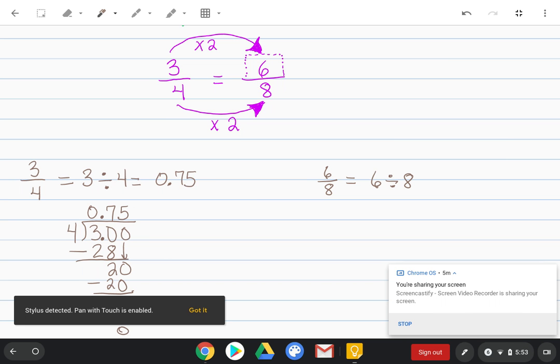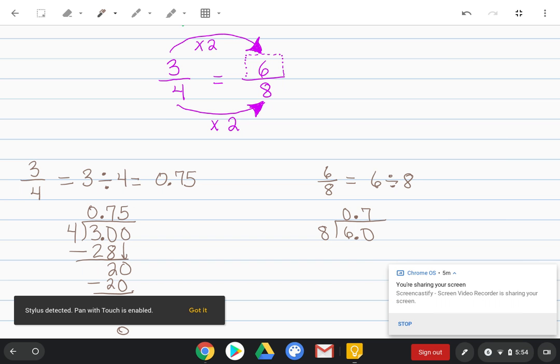Okay, so basically 3/4 is the same thing as 3 divided by 4 is the same thing as the decimal 0.75. Let's go on the right-hand side of our screen to 6/8, which is 6 divided by 8. And I'm going to do that division as well. I'm going to draw my house. I'm going to put a 6 on the inside because it is the numerator. And I'm going to put the 8 on the outside because it is the denominator. 8 cannot go into 6, so I'm going to put 0. I'm going to add a decimal, bring the decimal up, add 0. 8 can go into 60 7 times.